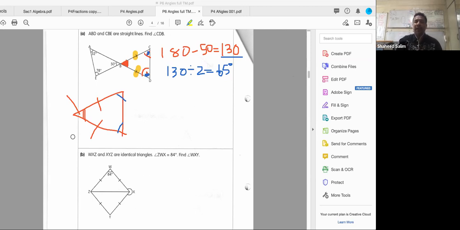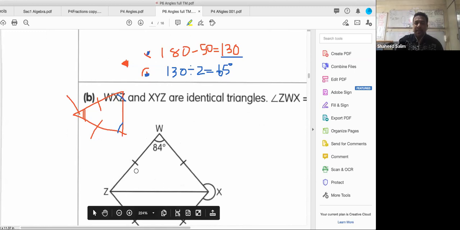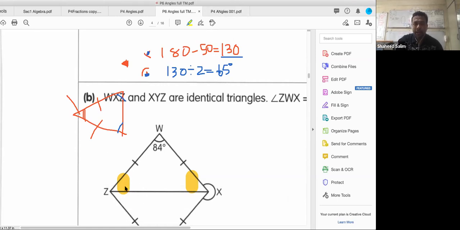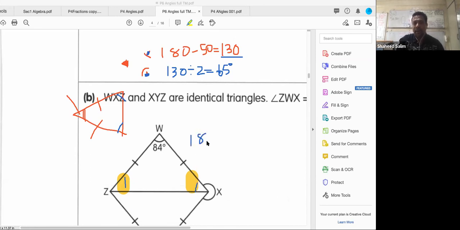First of all, let us look at this triangle. This is an isosceles triangle. This angle here and this angle here are the same. Correct? Zahin, focus. Can you see down here? This angle down here and this angle are the same. So take 180 minus 84. What do you get? You get 96. Because they are the same, isosceles, 96 divided by 2, you get 48.